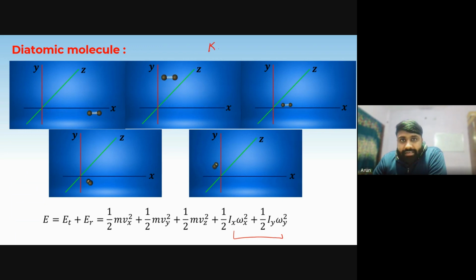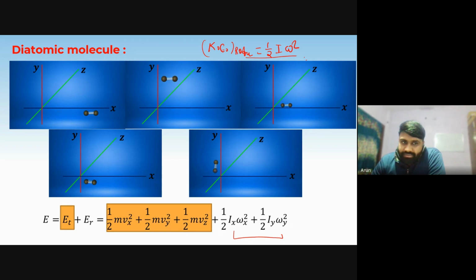This is the kinetic energy for rotation. For rotation, we give it 1 by 2 times I omega square. So this is rotating about the y-axis, so we have taken Iy, and this is rotating about the x-axis, so this we have taken as Iz.